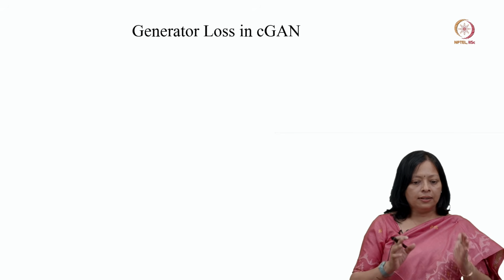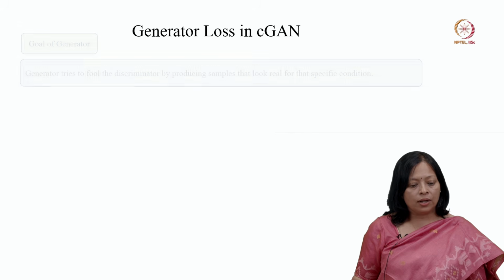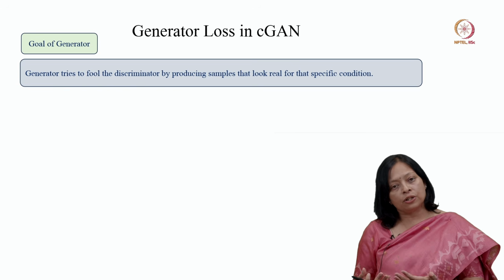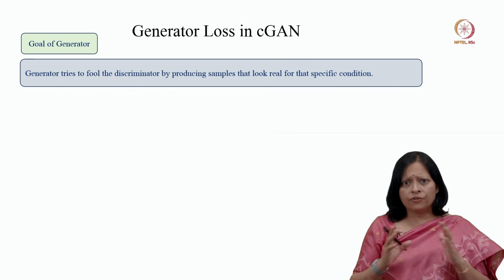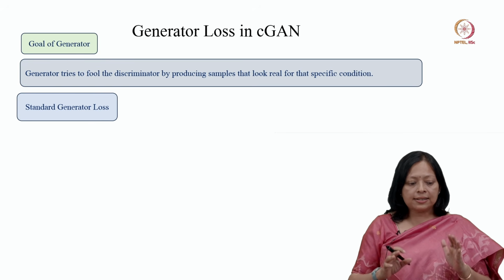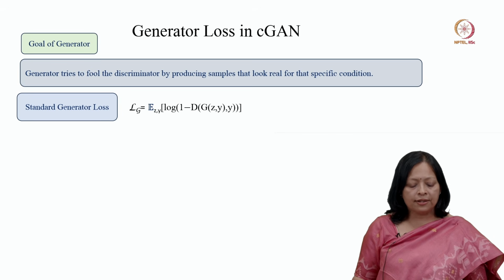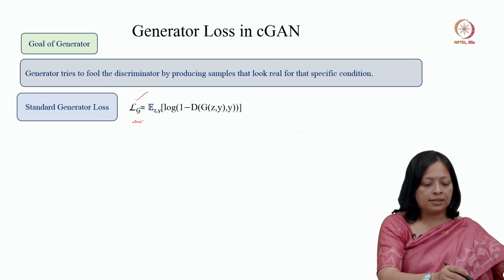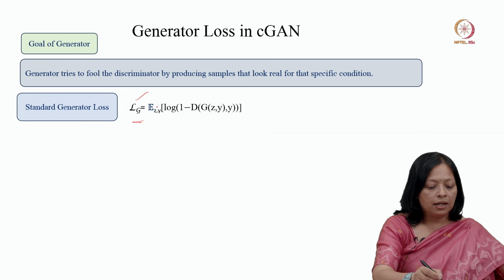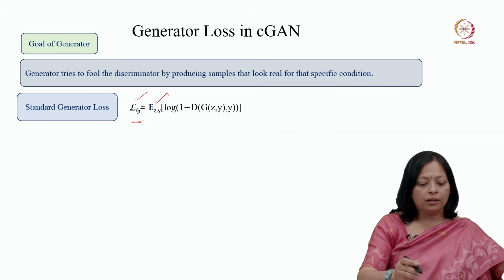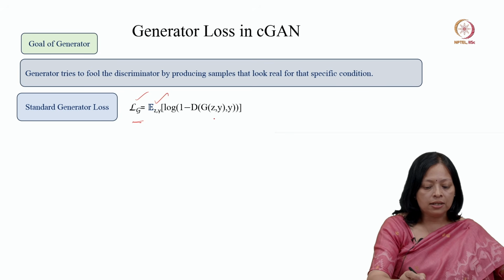Now, we will see the generator loss in CGAN. What is this generator loss? We all know the generator tries to fool the discriminator by producing samples which look very realistic for that specific condition. Now, there is a standard generator loss, L_G, which represents the generator loss: expectation over z and y of log(1 minus D(G(z,y))).